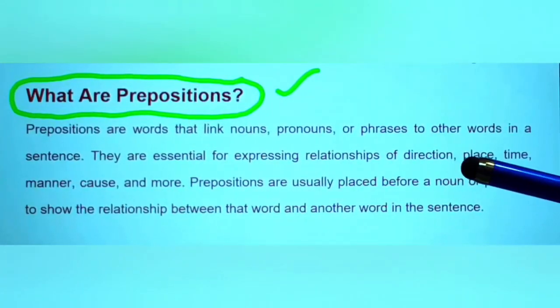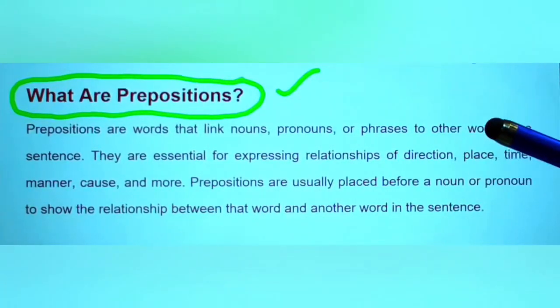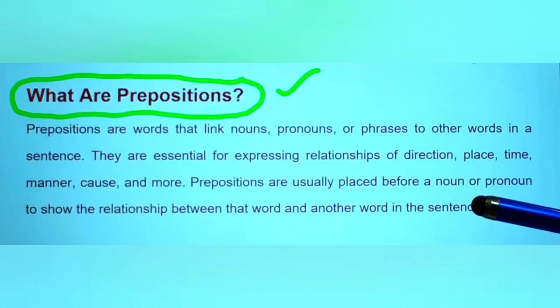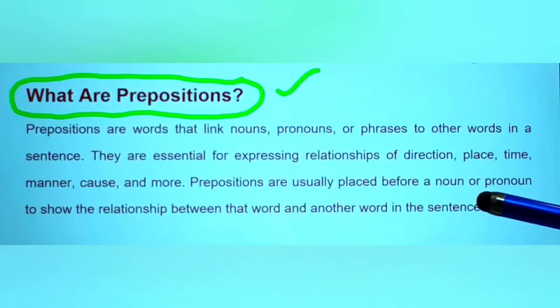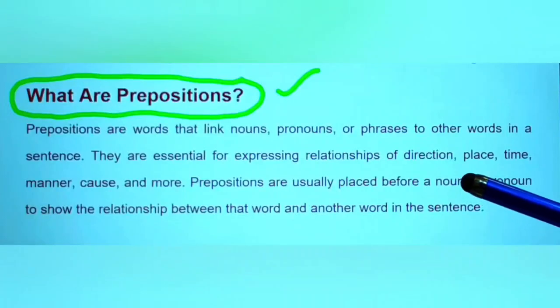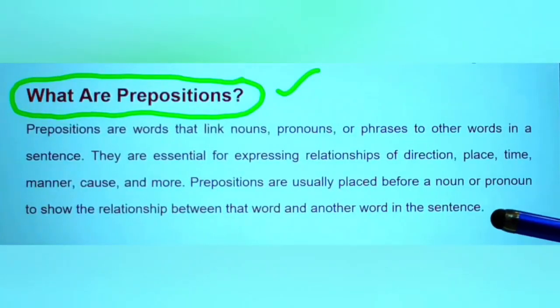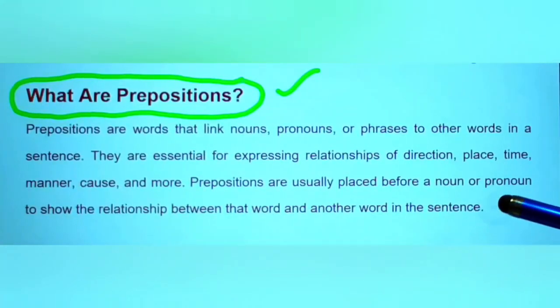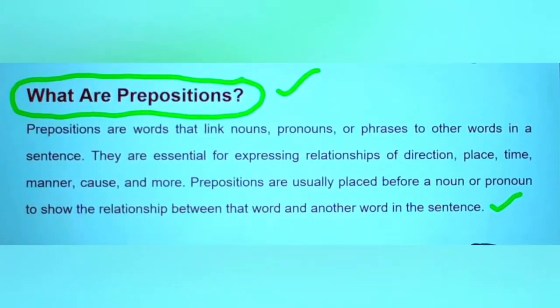They are essential for expressing relationships of direction, place, time, manner, cause, and more. Prepositions are usually placed before a noun or pronoun to show the relationship between that word and another word in a sentence. This is a very simple definition.